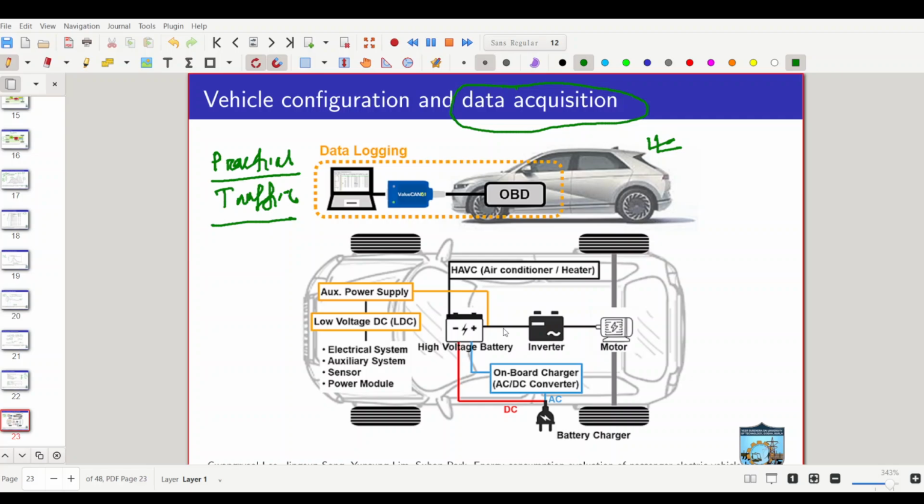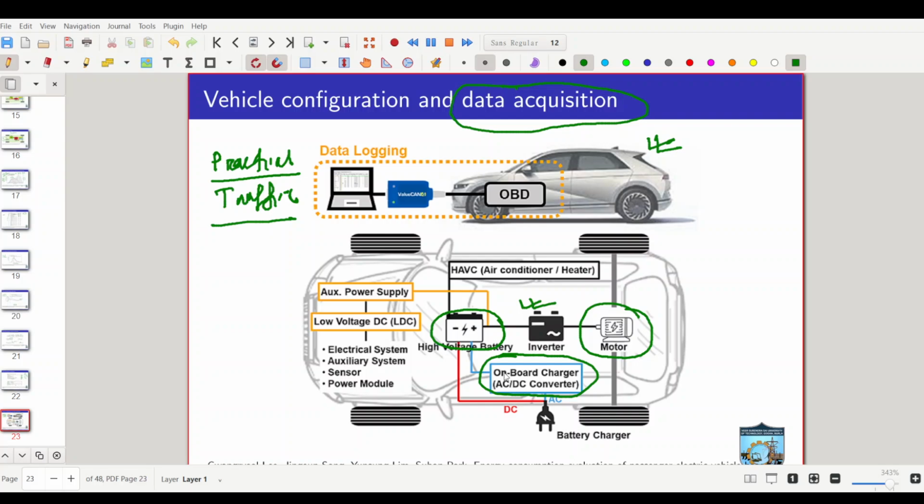In this particular case we have one motor which drives the wheels. There is an inverter. Then we have the battery pack. The battery pack is not exactly like this; it is a long, bigger one. And we have an onboard charger which can be used to charge the battery.